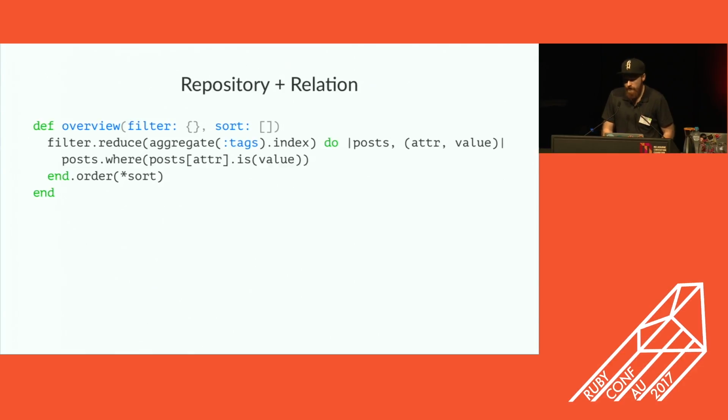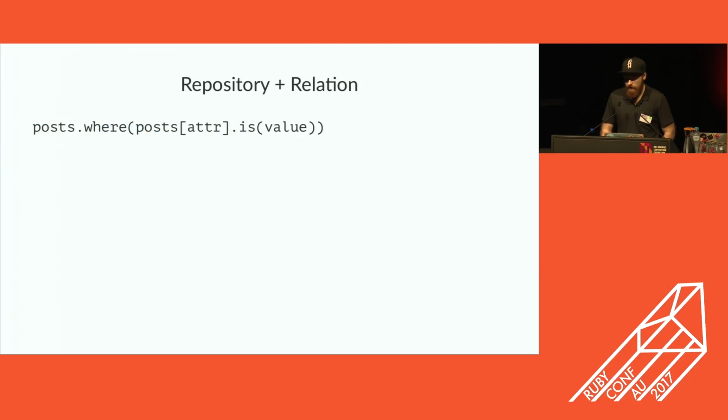And then we're going to apply all additional restrictions based on the filter. So the important part here is this. We're not passing symbols and values. We're actually asking the relation for a specific attribute, which has some bonus nice behavior that it's going to raise an error if there's no such attribute.